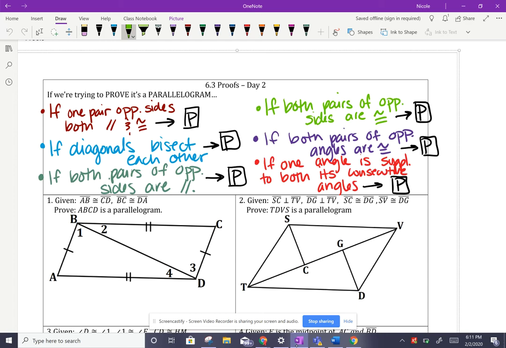If both pairs of opposite angles are congruent, parallelogram. And if one angle is supplementary to both its consecutive angles, so if one angle is supplementary to the angle on its left and the angle on its right, then parallelogram. So this one is 6 different justifications, slightly different from yesterday, but following the same thought process.